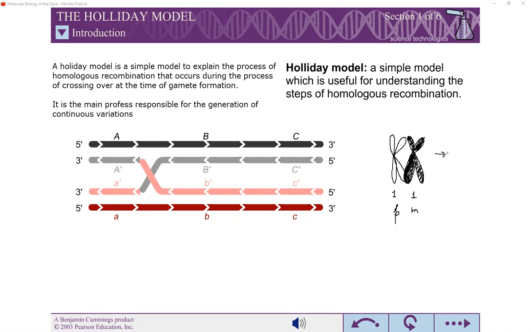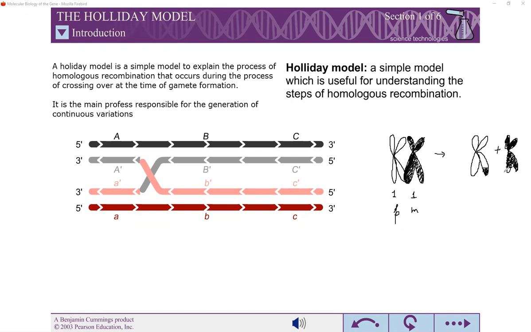Then what will happen after the process of crossing over? There would be new variations produced. It would be something like this: a part of the chromosome would have been exchanged, and plus this part of the chromosome would have been made. It would be like this: the entire chromosome being made black, except this part.